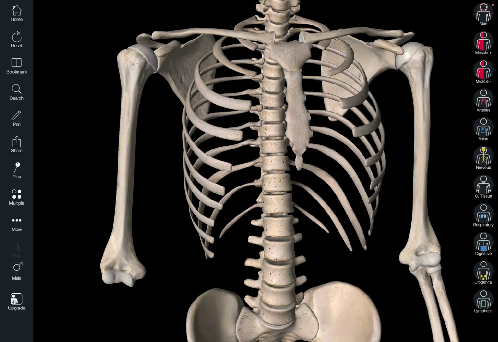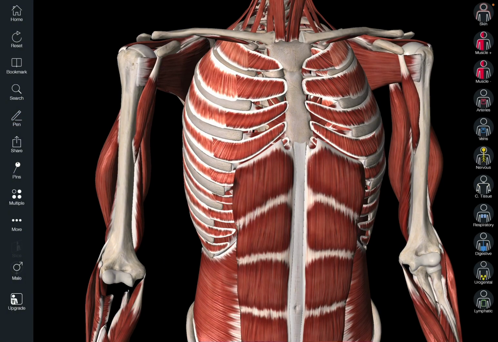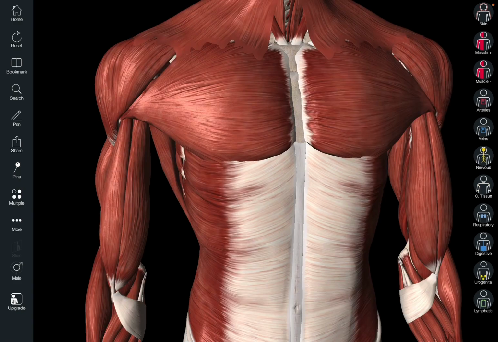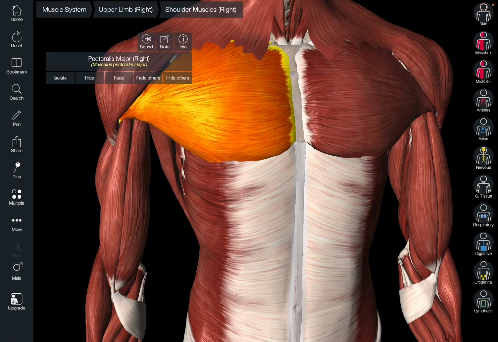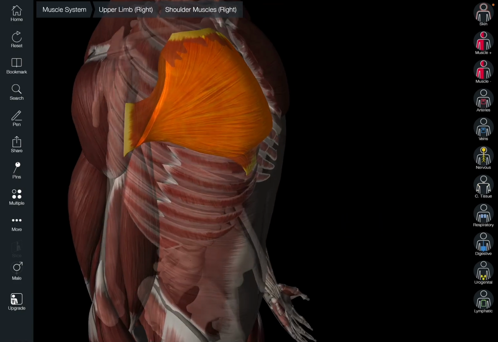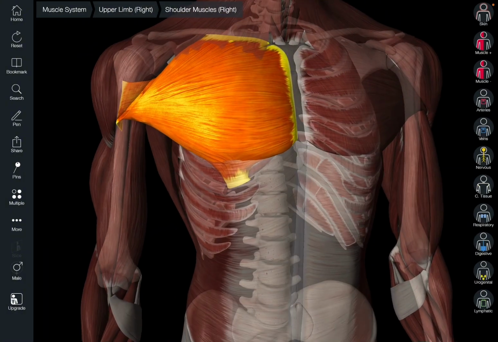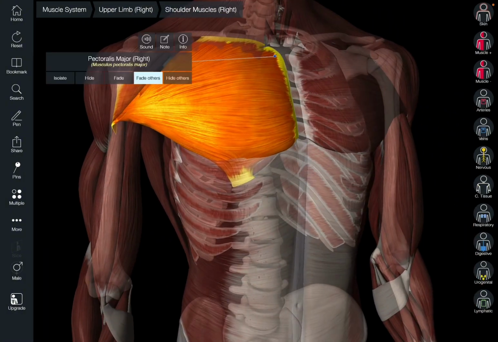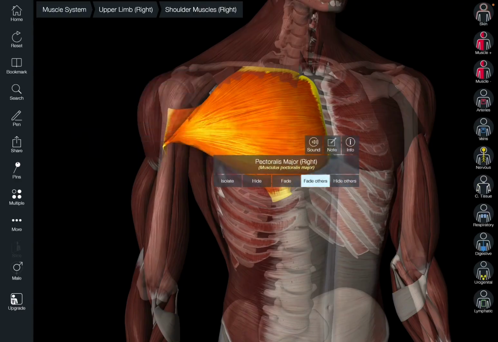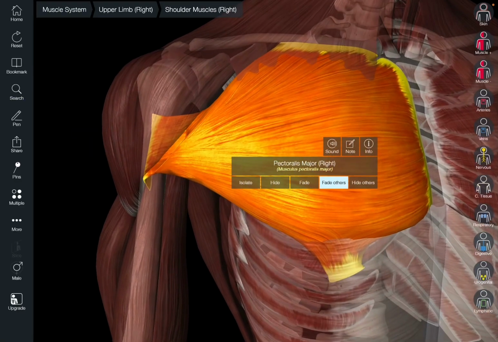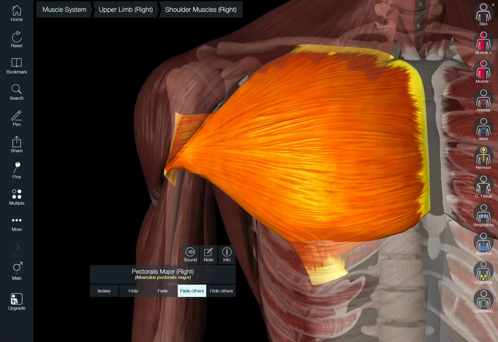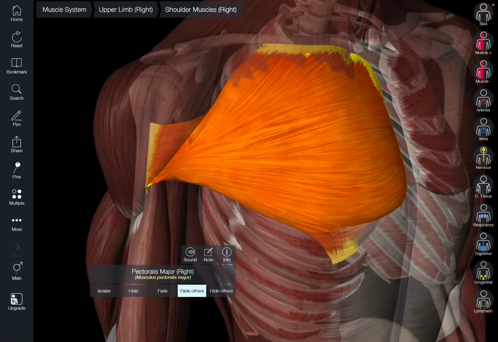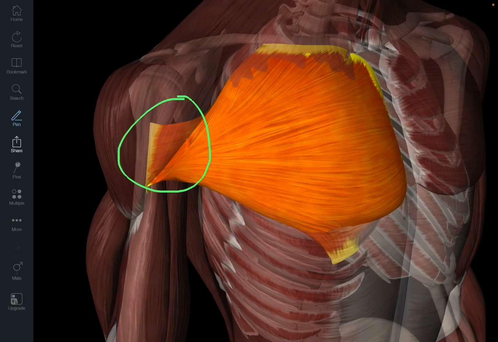So I'm going to pull up here, and we can see if we fade the others, we can see where the pectoralis major inserts. And as you can see here, if we look at the fibers of the pectoralis major, from the sternoclavicular and the sternal head and the clavicular head, you can see that these muscle fibers actually flip over one another, which helps cause some rotation.